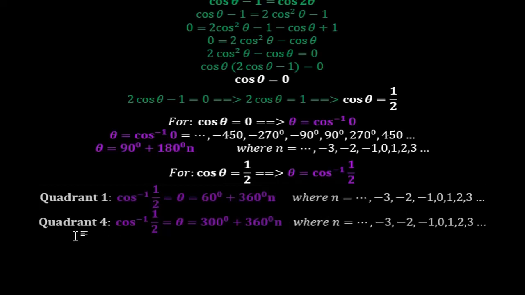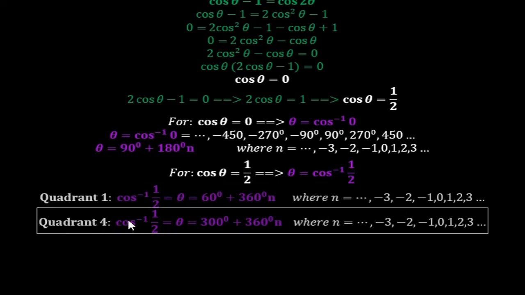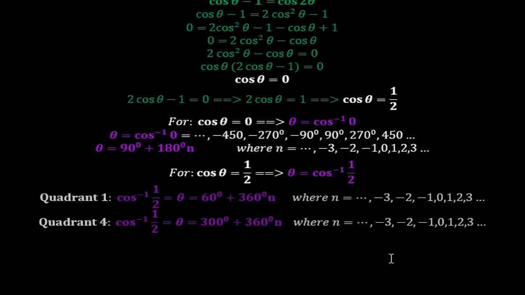The second one is in quadrant 4. Cosine inverse of half is 300 degrees, and all its coterminals. That is 300 degrees plus 360 n, where n is any integer from negative infinity to infinity.